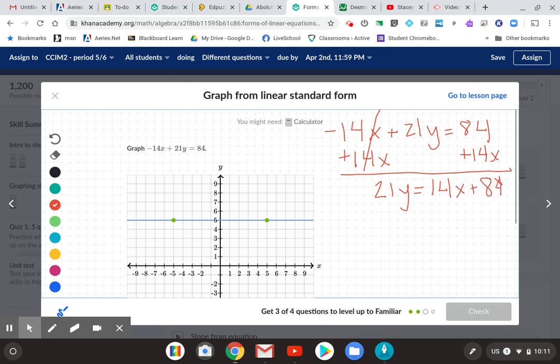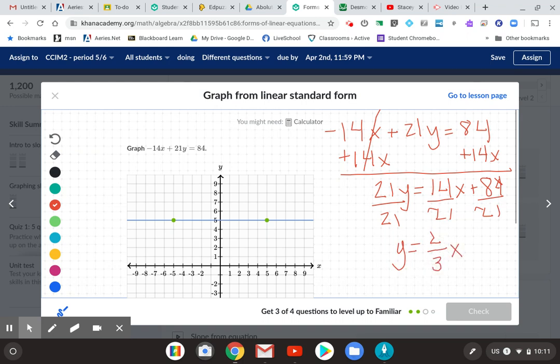That is a 4. Then to get y by itself, it's supposed to be a 2. All right. We really don't want to go up 14 to the right 21. So what I'm going to do is divide both of these by 7, because they're both multiples of 7. So if I divide this one by 7, I'm going to get 2 over 3x.